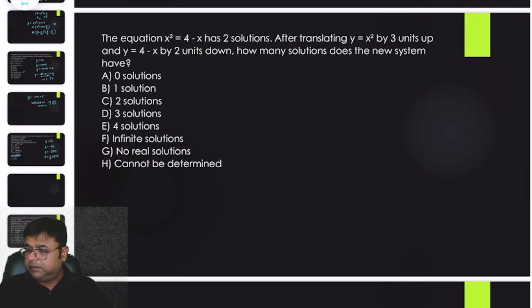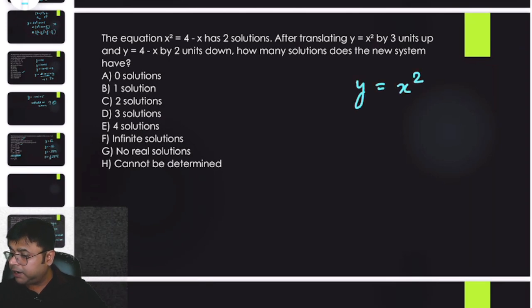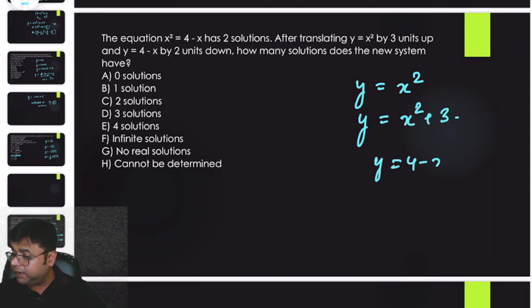Now the next: the equation x square equal to 4 minus x has two solutions, right? After translating y equal to x square up by 3 units, the graph will be y equal to x square plus 3, and y is equal to 4 minus x. If I translate it 2 units down, it will be y equal to 4 minus x minus 2, which will be 2 minus x.